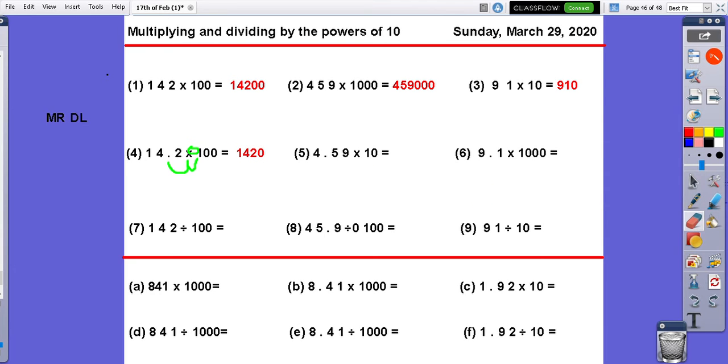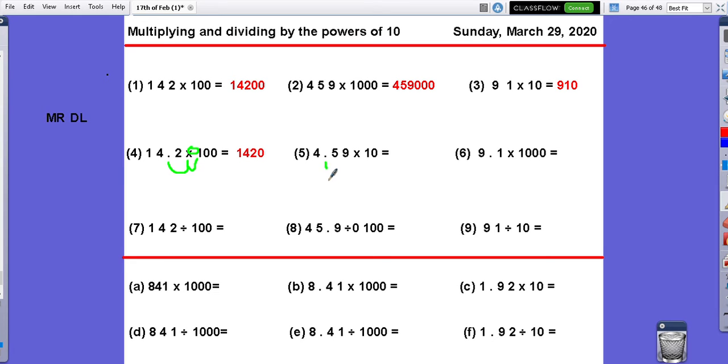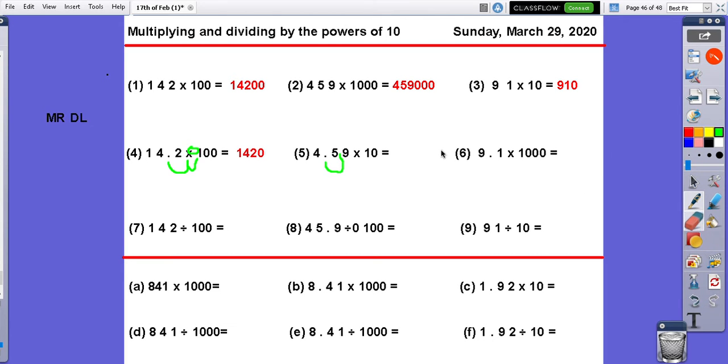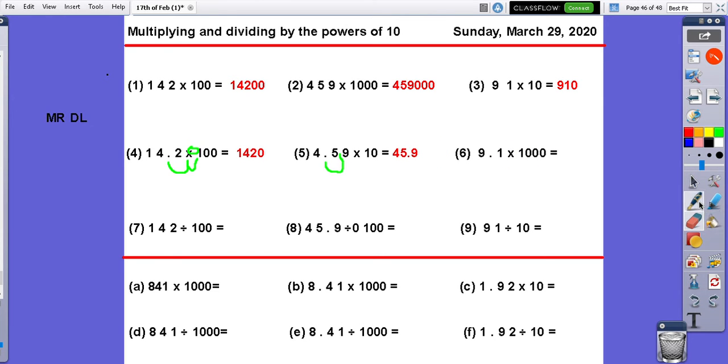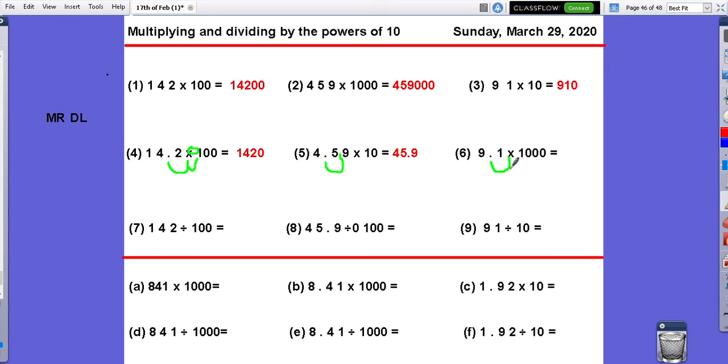All right, the question number 5. Multiplying by 10, I need to move the decimal point only 1 digit to the right, so it's going to be here. So it's 45.9. Moving the decimal point here to the right 3 times, that means that it is going to be 1 digit, which is the 1.